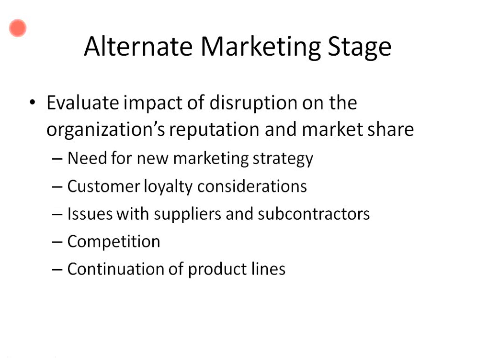The alternate marketing stage is where we want to evaluate the impact of disruption on the organization's reputation and market share. So again, we'll use BP now. Deepwater Horizon, we have the explosion. First, hopefully protect people, the physical assets, and then the other part is reputation.